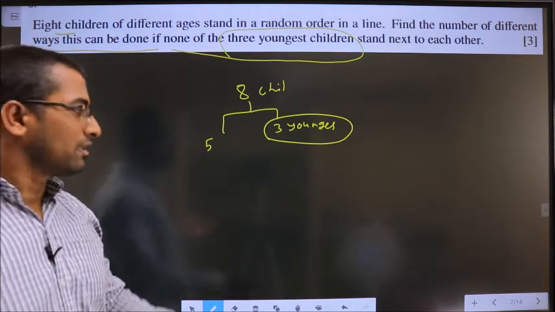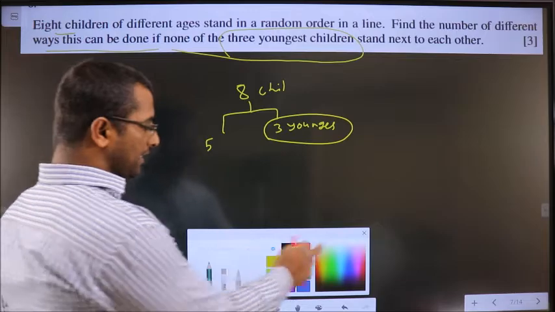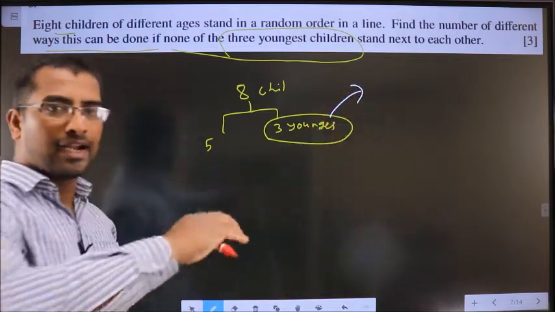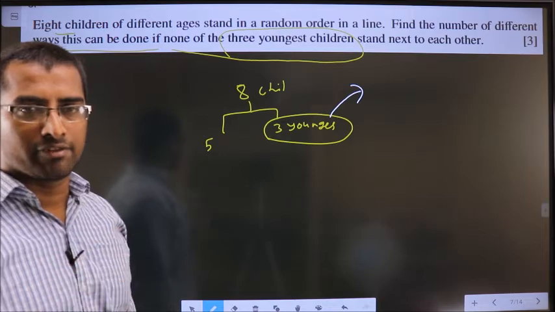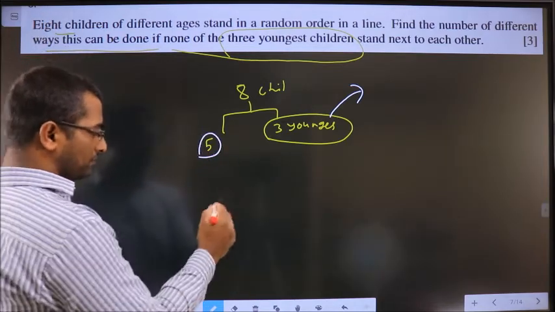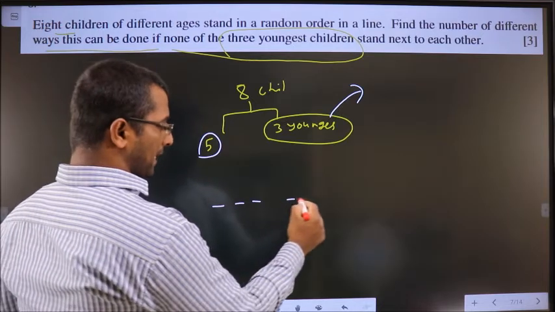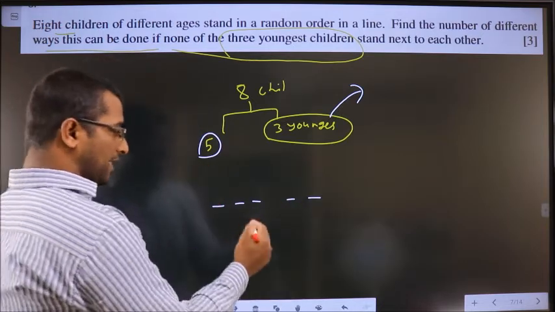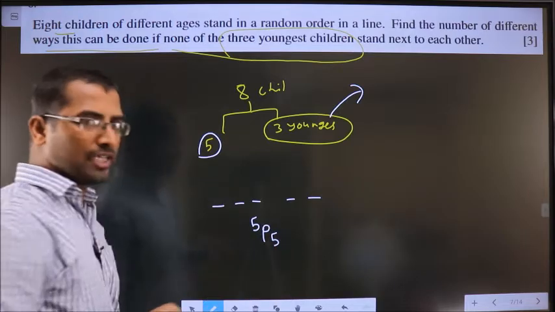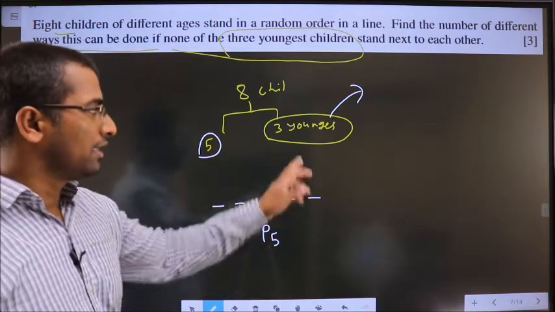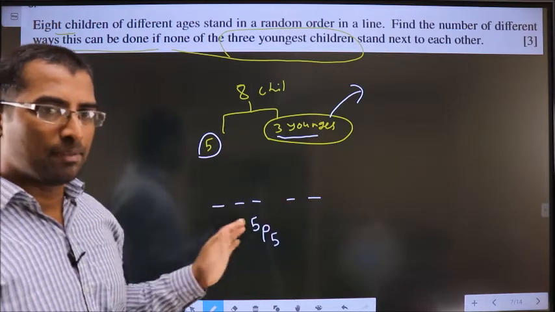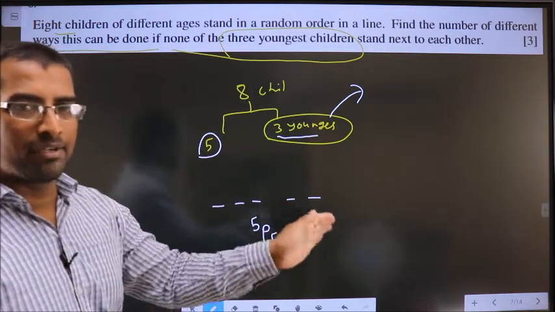And how do I make sure that these 3 are not together? Place them aside and arrange the left out children first. Left out children are 5. So 5 blanks. These 5 children can be arranged in these 5 blanks in 5P5 ways. These 3 youngest should not be together means they should be placed in between the remaining.